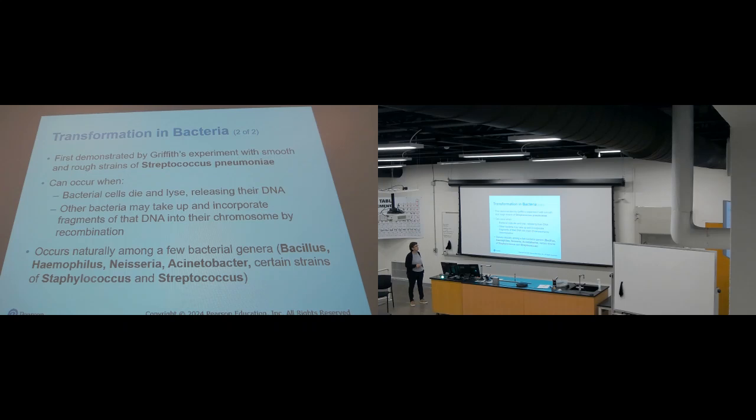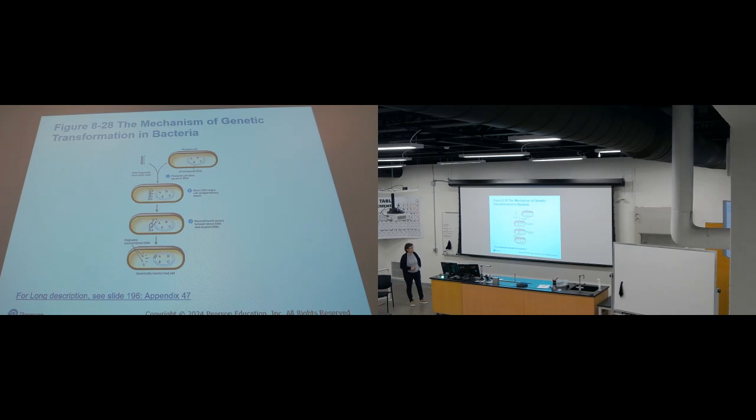Examples of bacterial genera that can be naturally transformed are Bacillus species, Haemophilus species, Neisseria, Acinetobacter, Staphylococcus, and Streptococcus. For the most part they are gram positives, but gram negatives, like Neisseria, can take foreign DNA and use it to their advantage.